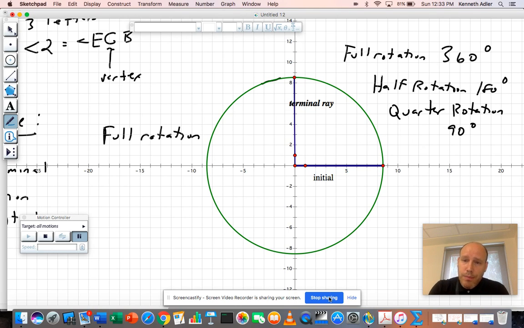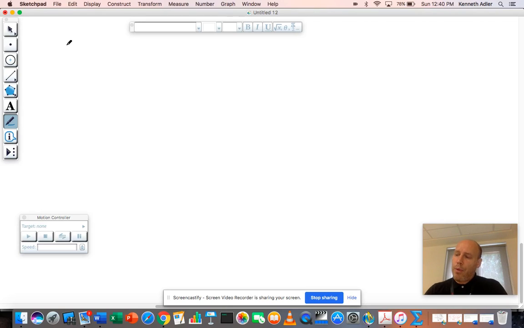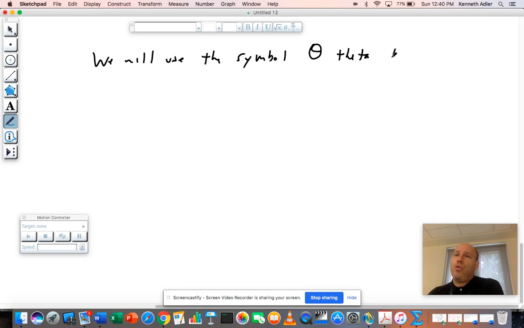Let's pause this. Okay, let's pick up where we left off. Let's talk about the classification of angles. First of all, we will use the symbol theta to represent the rotation or the measurement of an angle.